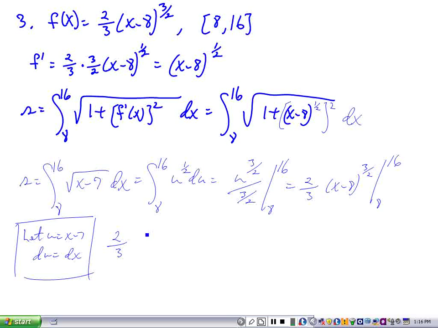So 2/3. Let's plug in x to be 16. So 16 minus 8 gives us a 9. So we have 9 to the 3/2 minus 2/3. Evaluate x minus 8 to the 3/2 at, this is a 7, not an 8.